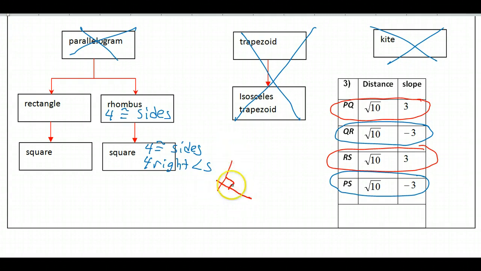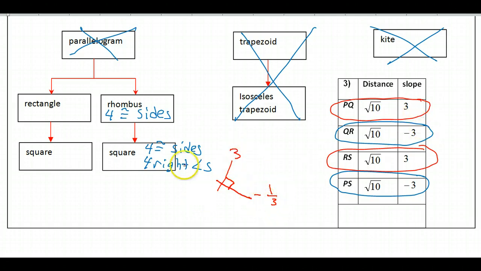If they're perpendicular, their slopes should be opposite and reciprocal. So for example, if one of them has a slope of 3, like up 3 over 1, the other line or segment should have slope negative 1/3. Opposite sign, that's why the negative, and then 1/3, that's reciprocal. 3 over 1 becomes 1 over 3.